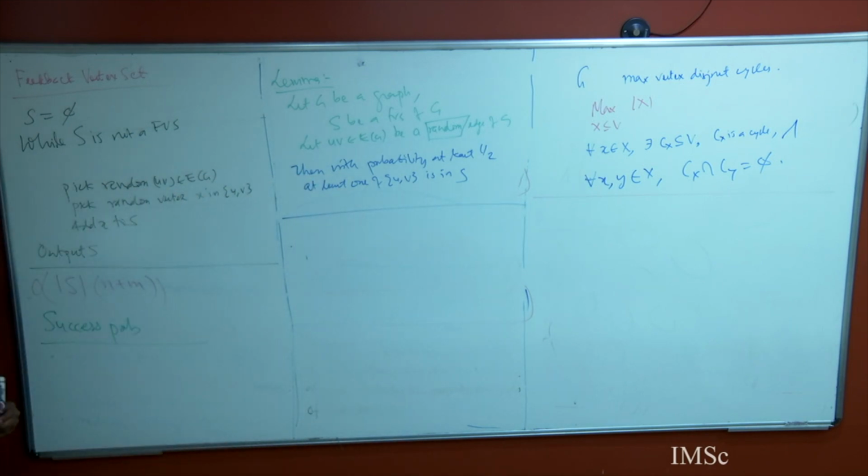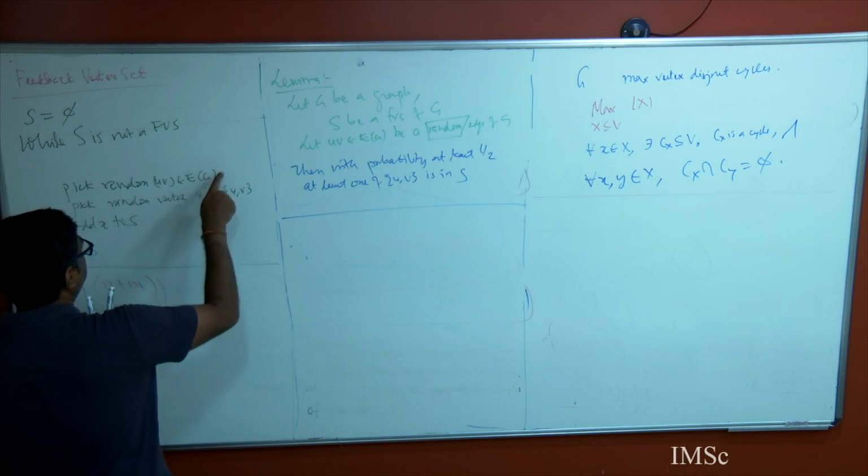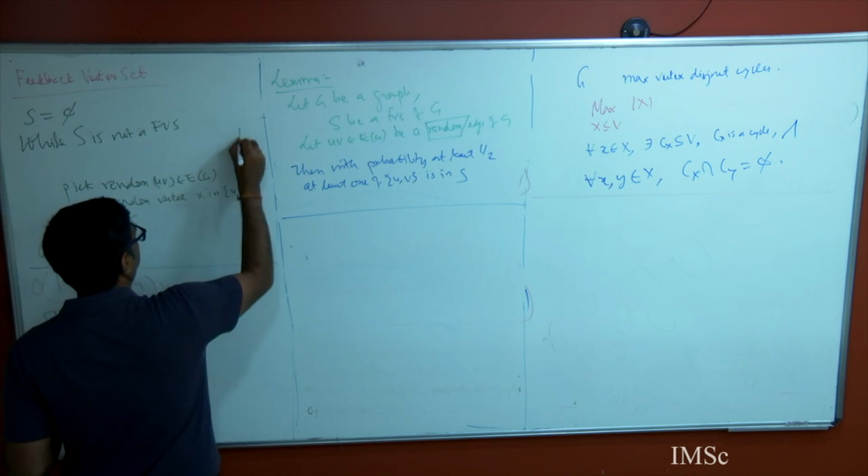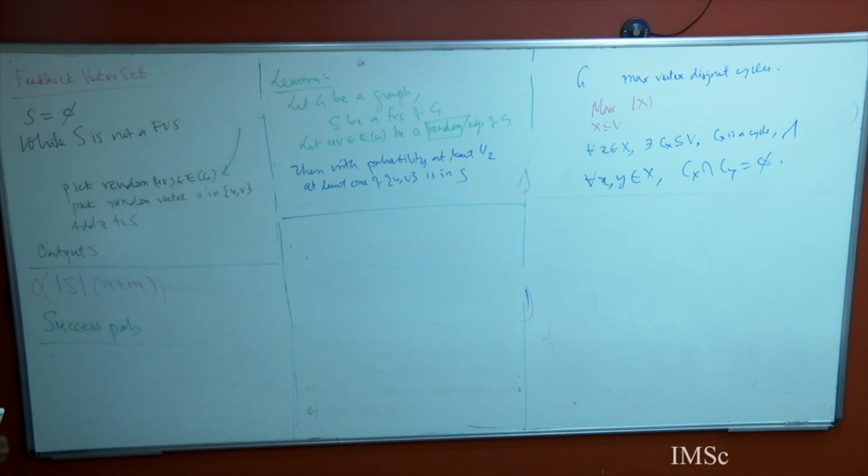Then what is the success probability of this algorithm? You're picking a random edge UV.